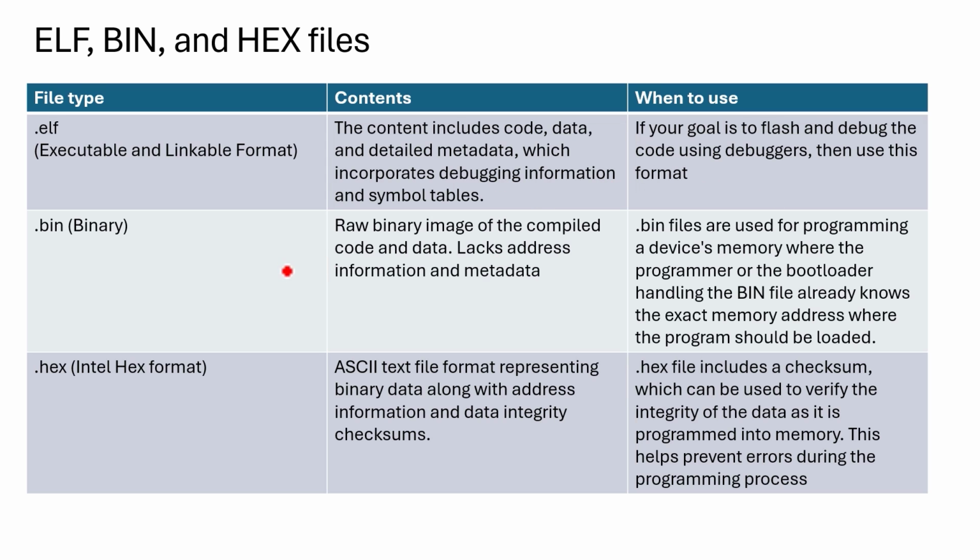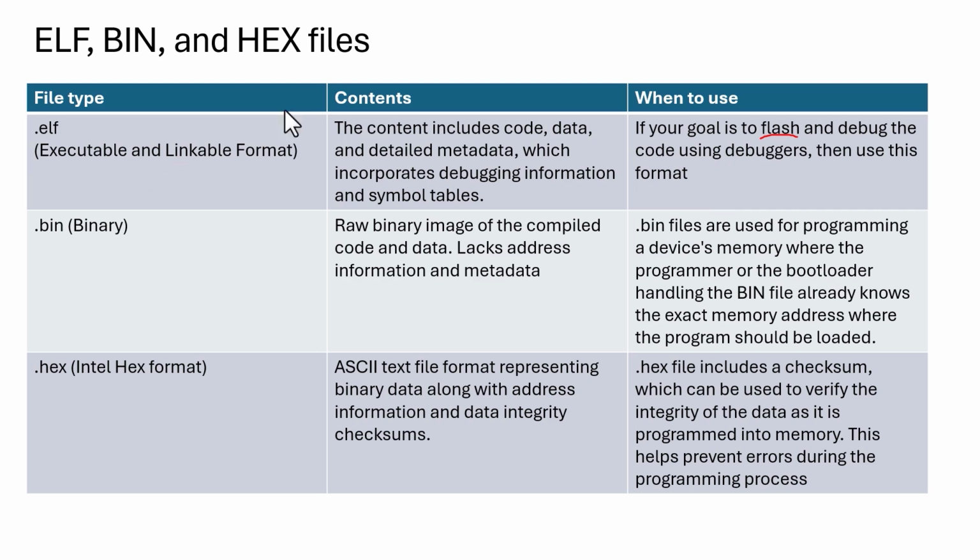Now let's see the difference between these different output file formats. The first one is .elf, which stands for executable and linkable format. You have to use ELF format if your goal is to flash the code onto the target hardware and also debug the code using debuggers.